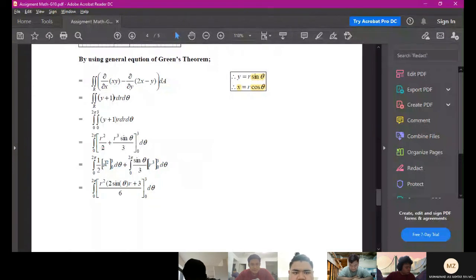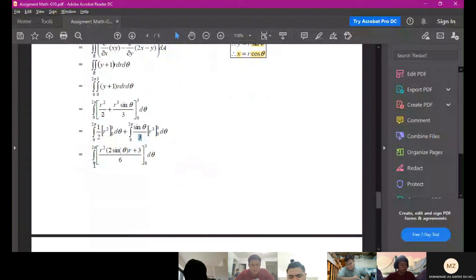Then we put the values of 3 and 0 inside r squared and r cubed, and we get the general equation. I already simplified it, because to make it simple we need the same base. So we get the integral from 0 to 2 pi of (2 sine theta r cubed plus 3 r squared) over 6, with limits of 3 and 0, d theta.